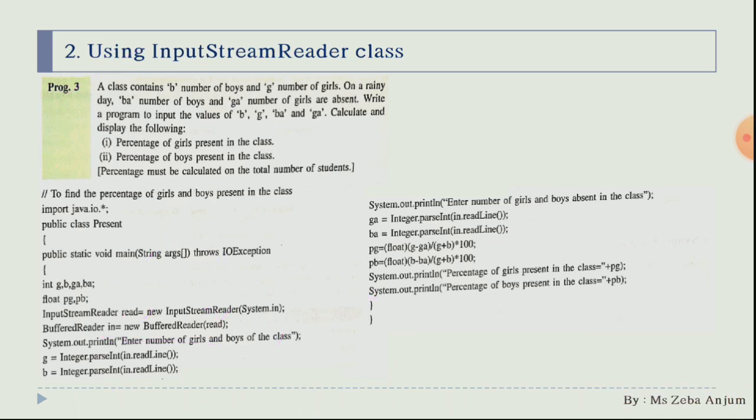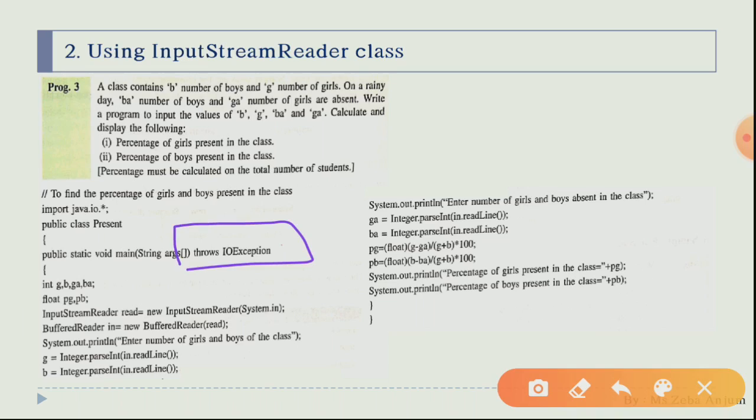Okay, one more thing I would like to notify you of, students: in your practical exam, when you are writing any question and using the input stream reader class, most of you are getting errors. The error is because you have missed out throws IOException. Please focus here also: if you miss throws IOException, then your compiler gives you an error on these two lines, even though your whole code is correct, but still you are getting an error.